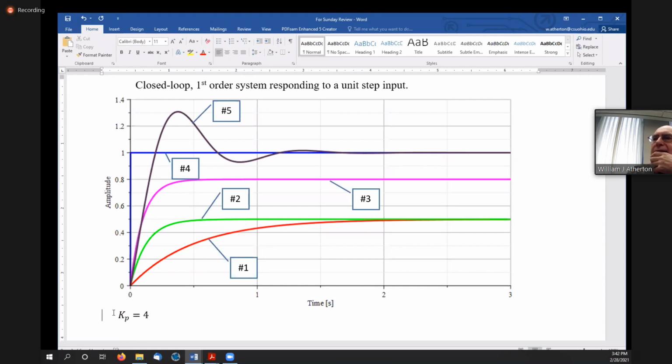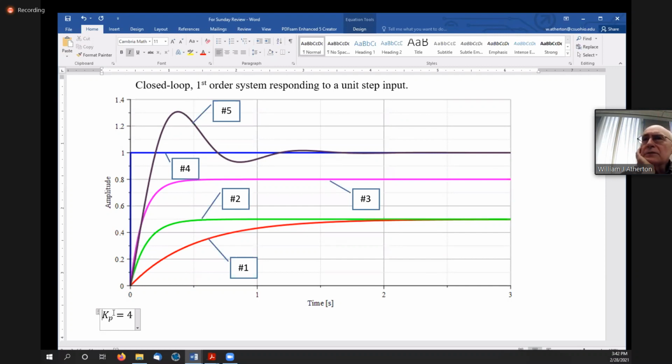How do we get at that anyway? Well, you look at the roots of the characteristic equation of the closed loop transfer function. It's a first order system, so there's only one root. So it's really kind of a dumb question.